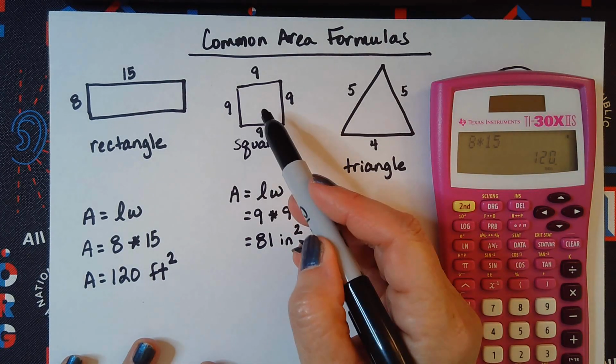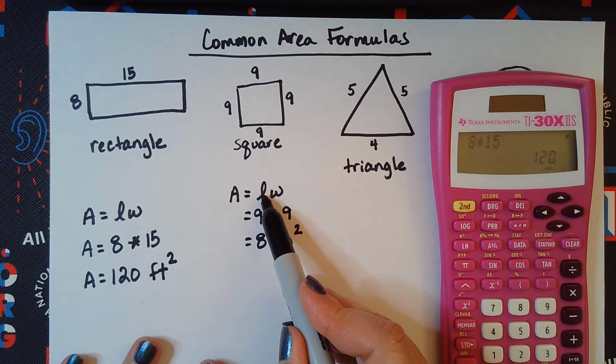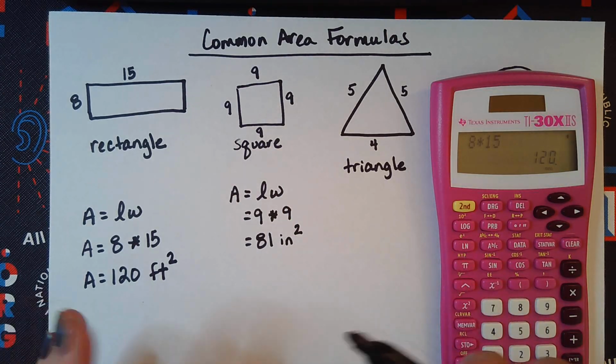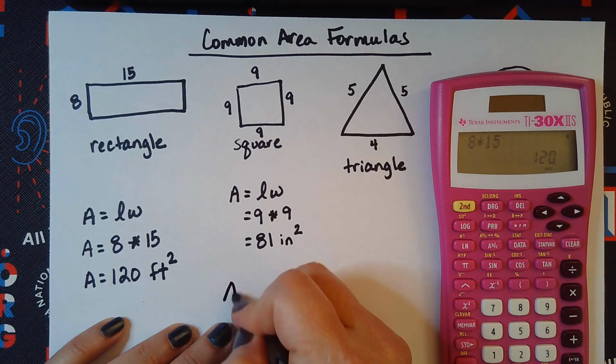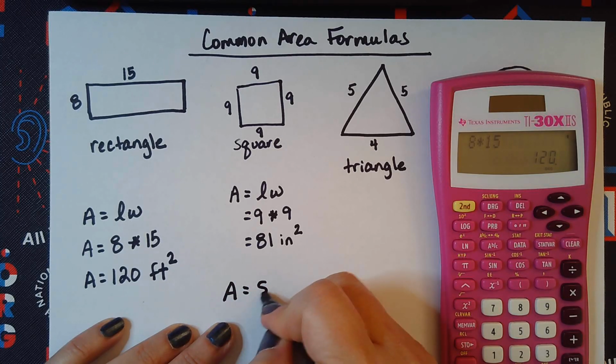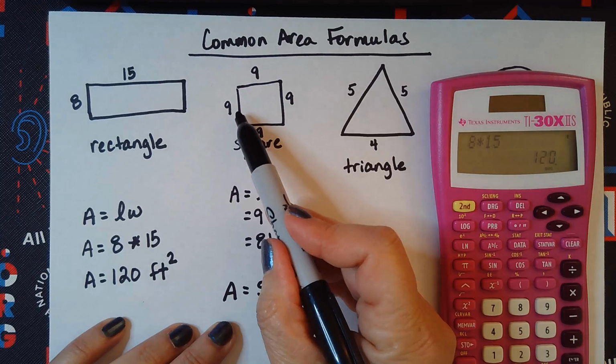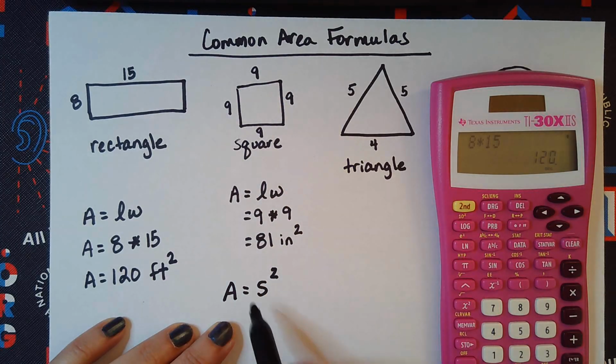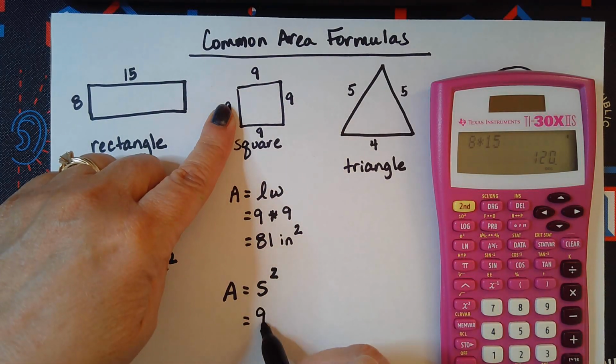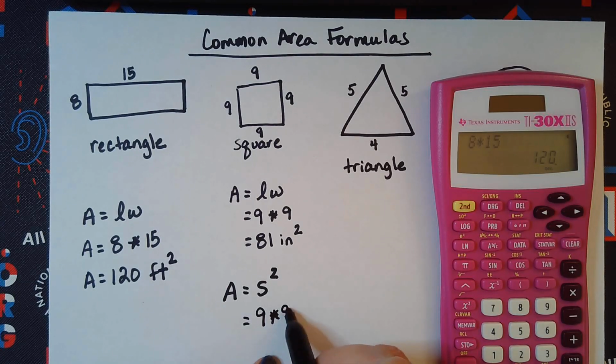Sometimes when we have squares, they don't do length times width, which is a personal preference. Sometimes they say, you know what, let's just take the side and square it, because whatever the side is, all the sides are going to be the same. So that would be 9 times 9, which is still 81 inches squared.